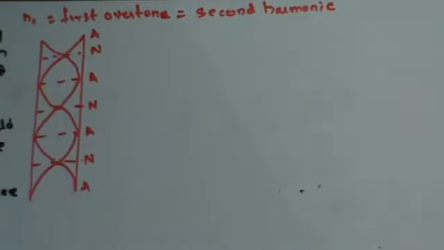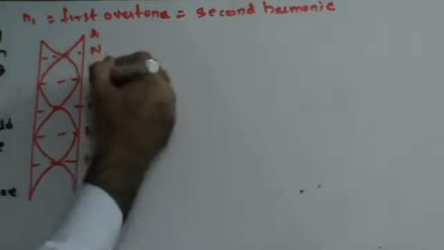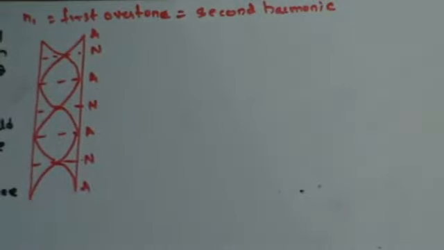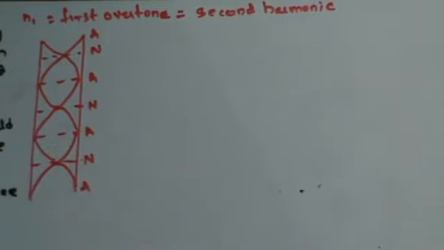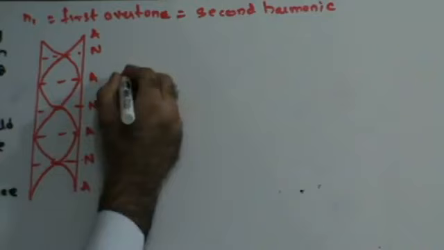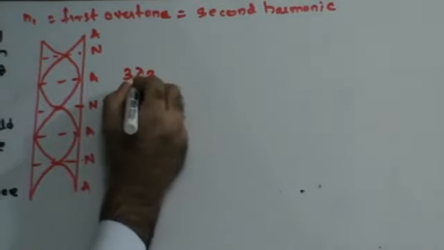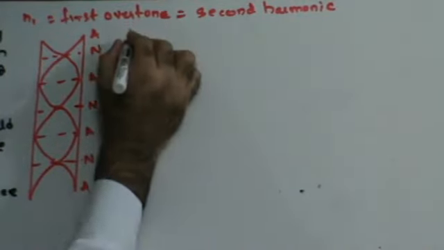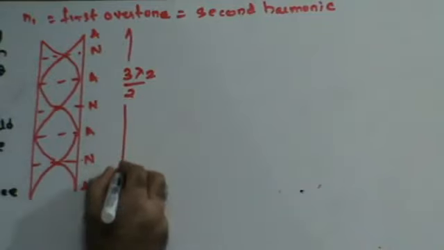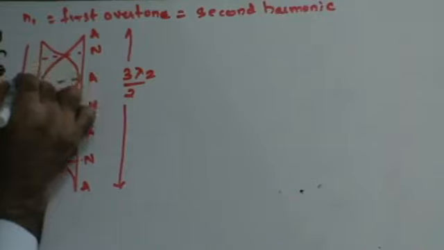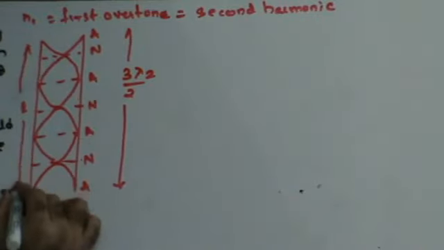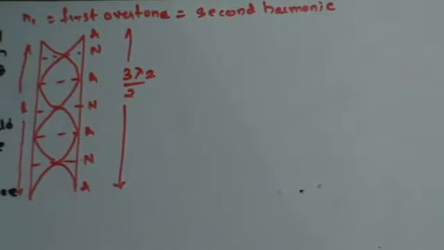Right? Now, guys, antinode to antinode is half the wavelength. So this is half plus half plus half. That means I'm going to have 1.5 wavelength. That means this is going to be 3 lambda 2 by 2. This is my entire length of the tube. The entire length of the tube is divided into 3 lambda 2 by 2.